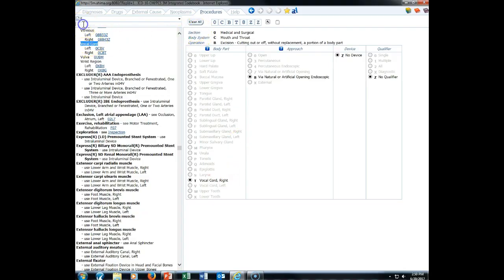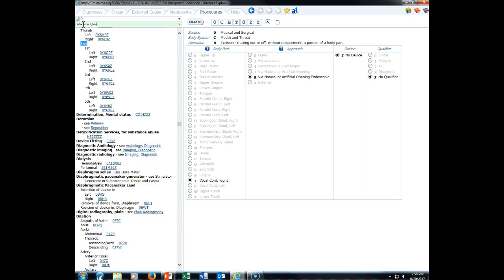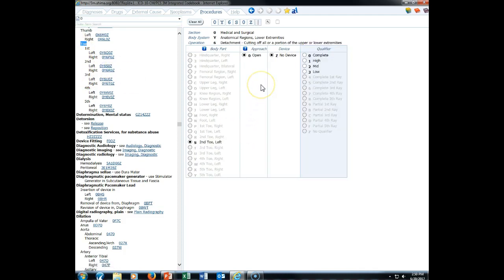Okay, so we know we're doing a detachment of toes, and as a reminder, these toes were all on the left foot, and so we have the second toe on the left foot.